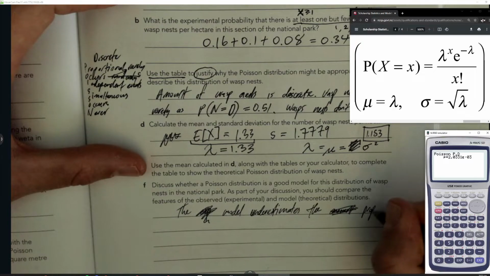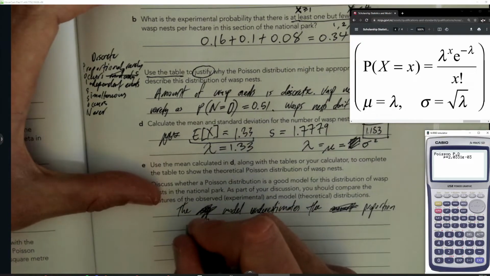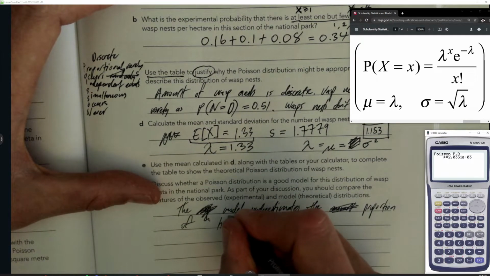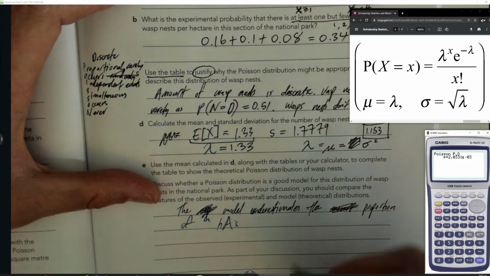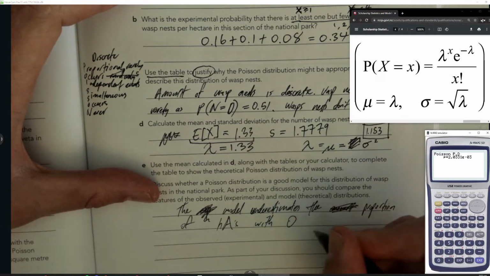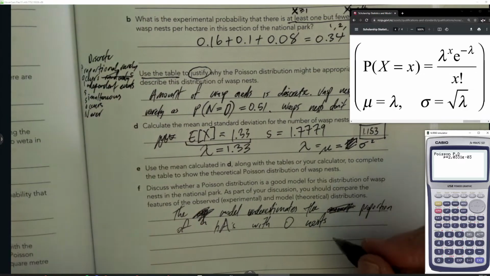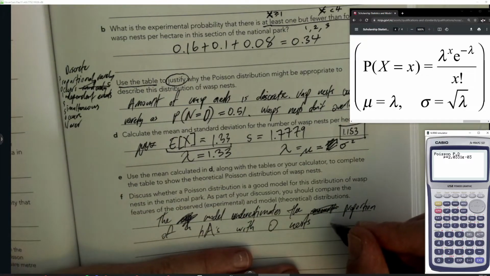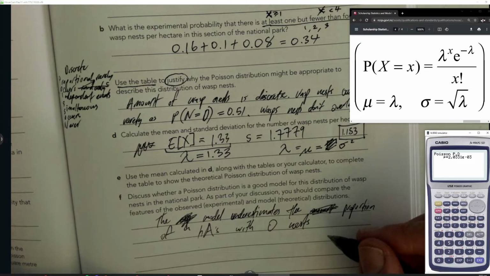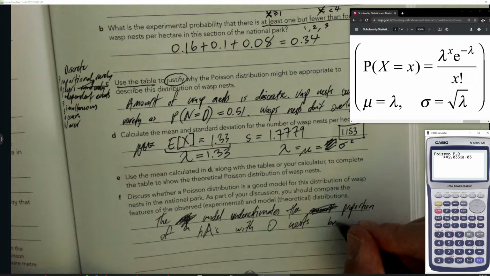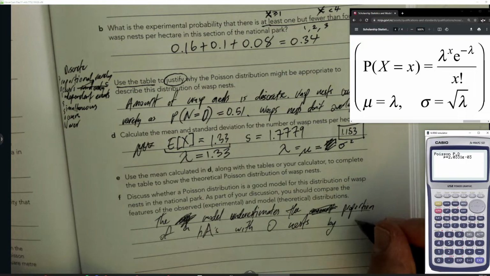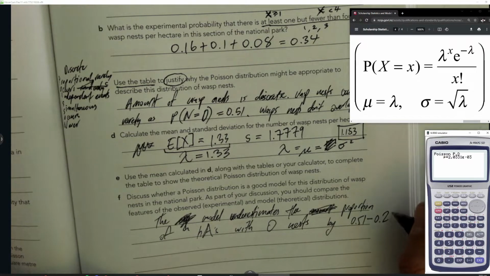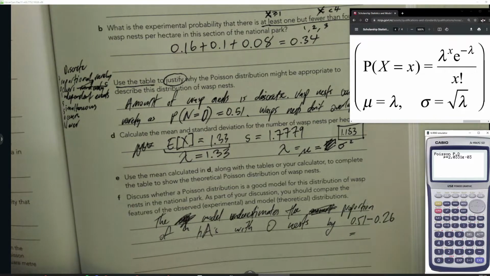The proportion of hectares with 0 nests. We can write by 0.51 minus 0.26 equals 0.25.